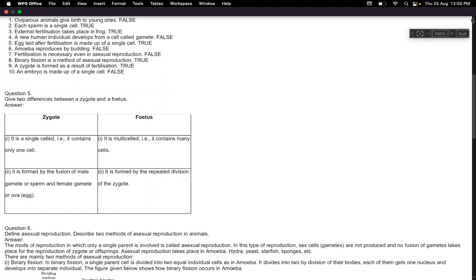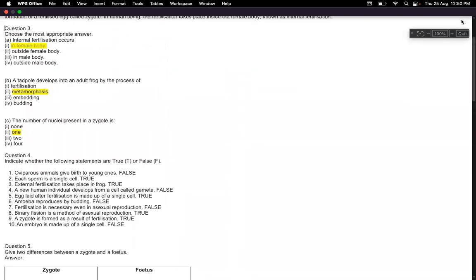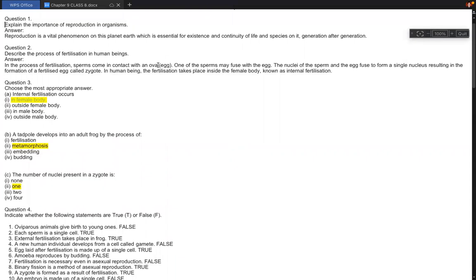There also, I'll just change. In the second question, it was there now. You can write ovum, not ova, right? You can take the screenshot now.